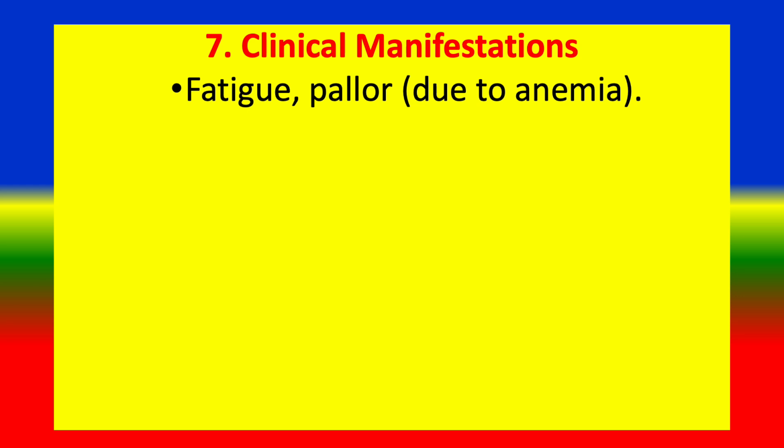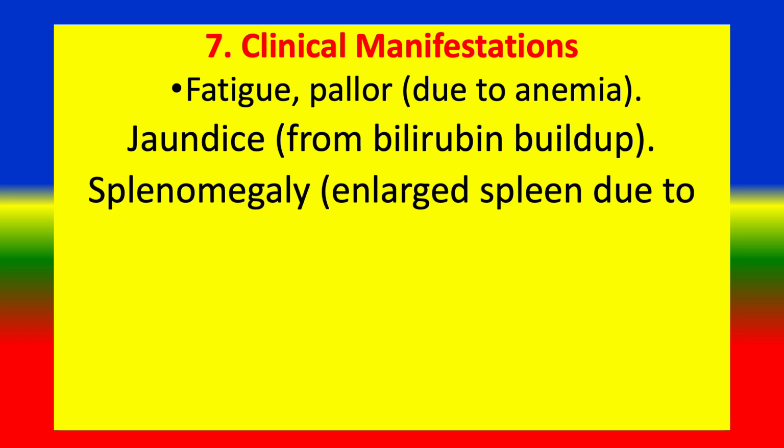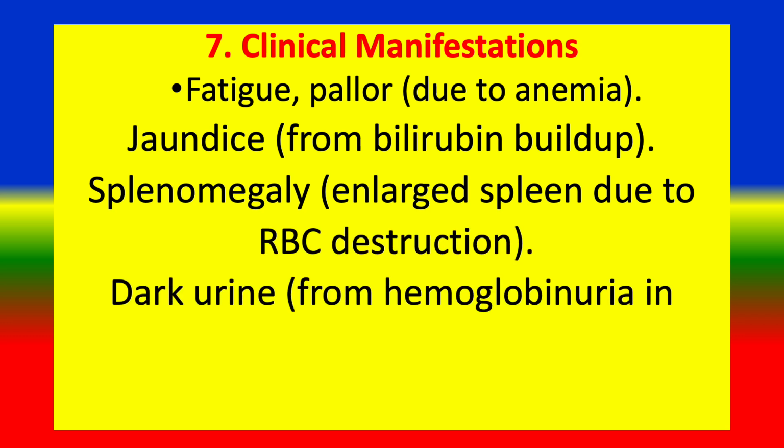Clinical manifestations: fatigue, pallor due to anemia, jaundice from bilirubin buildup, splenomegaly, enlarged spleen due to RBC destruction, dark urine from hemoglobinuria in severe cases.